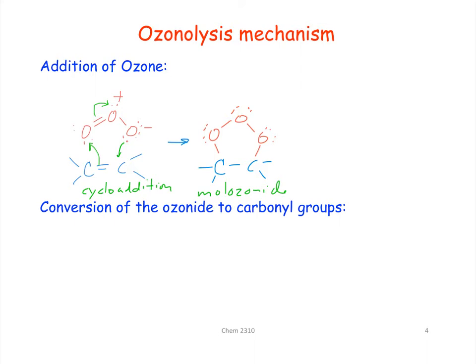Alright, so what happens is that this pair of electrons can go down like this to form a pi bond, so form a carbonyl, that's what we're trying to form here, and it's going to break the bond between the carbons. That's going to go over to here to form the other carbonyl, and this bond is going to open up. So we're going to end up with two different molecules here.